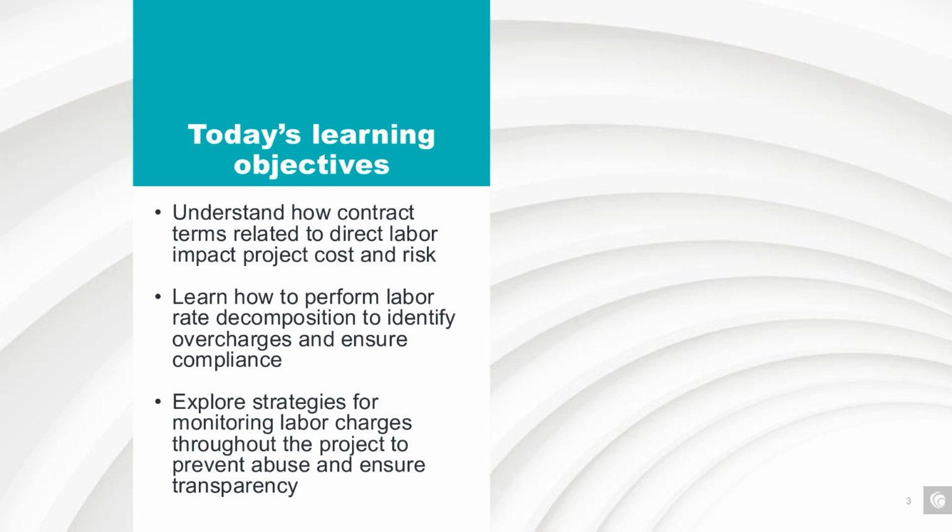So as we move through our presentation today, our learning objectives are to understand how contract terms related to direct labor impact project cost and risk, learn how to perform a labor rate decomposition and ensure compliance, and explore strategies for monitoring labor charges throughout the project to prevent abuse and ensure transparency.